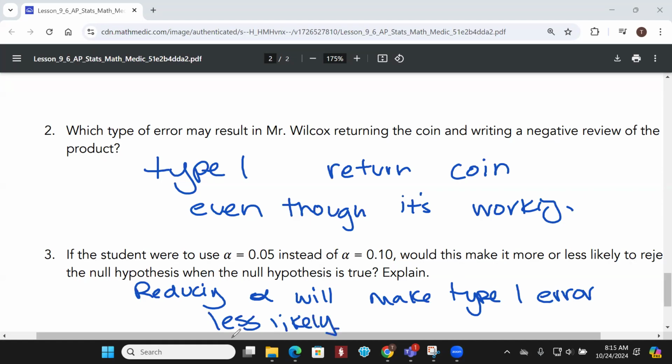There's always a multiple choice question about this statement. We just went from 10% to 5%. Significance level, we're going to talk more about that. I'm trying to introduce it slowly. I'm trying not to hit you with everything. We're not there yet.